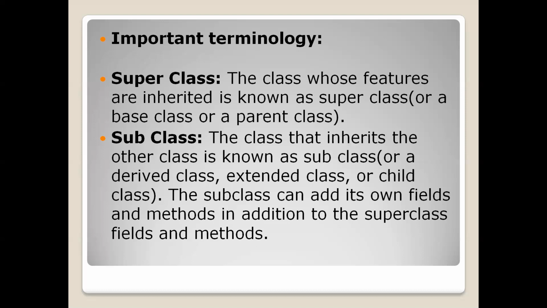For example, if there are two classes, class A and class B, and class B is using the features of class A, then class A is called the superclass because class A's properties are going to be used by class B, and class B is called the subclass because it is going to use the properties of class A. Please understand the terminology, right?